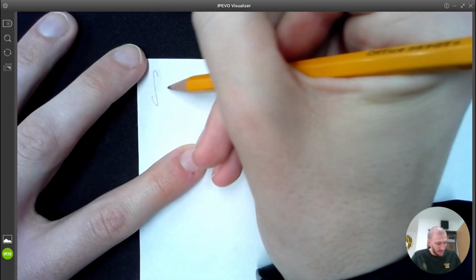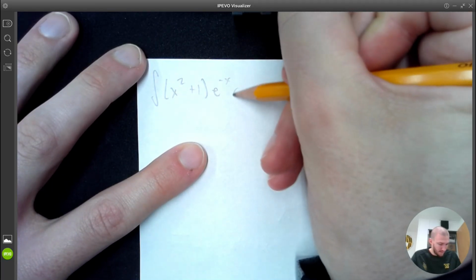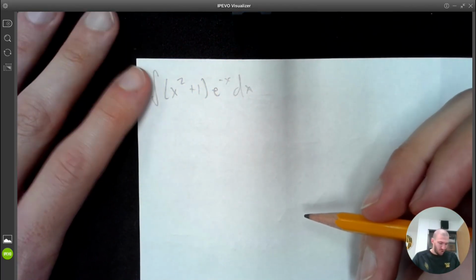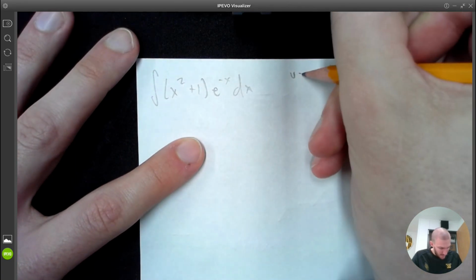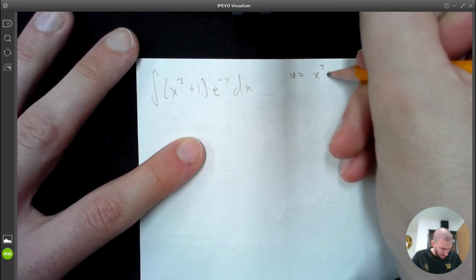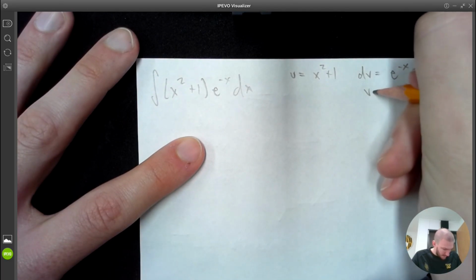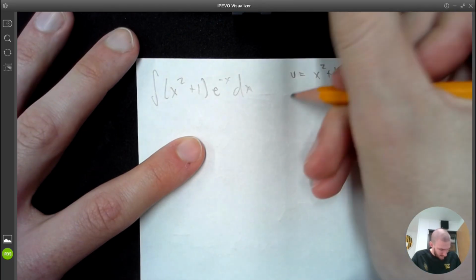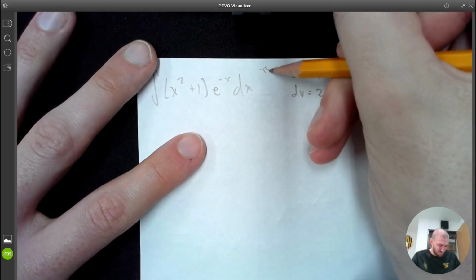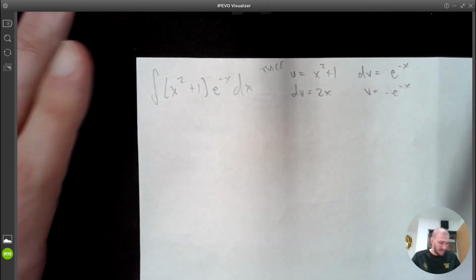The integral of (x squared plus 1) e to the negative x dx. All right, let's do it. u is equal to, I guess, x squared plus 1, and dv is equal to e to the negative x, so v is equal to negative e to the negative x. du is equal to 2x dx. Again, probably going to have to do this one twice so that it will degrade enough to be easy to handle.